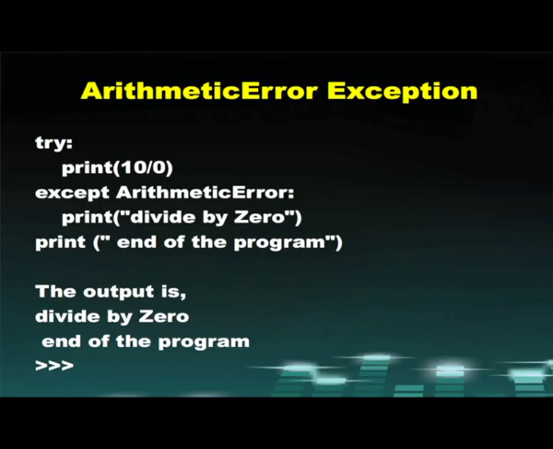Now let us see how to exercise the ArithmeticError exception. So here again we divide 10 by 0. So this is an ArithmeticError exception. So we put that exception class instead of simply writing except.